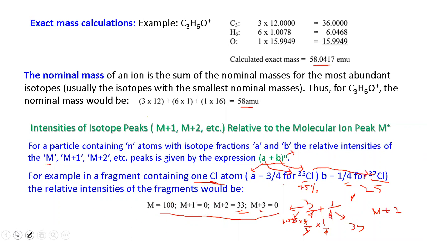Sir, Yes, tell me. sir, how to, no, this one, sir, how to M plus 2, chlorine 37 chlorine. Hmm. No, suppose you have a molecule, okay? You have there one chlorine atom. Yes, sir. Suppose you have benzoyl chloride. Understood? You Yes, have sir. PHCH2Cl. Hmm.